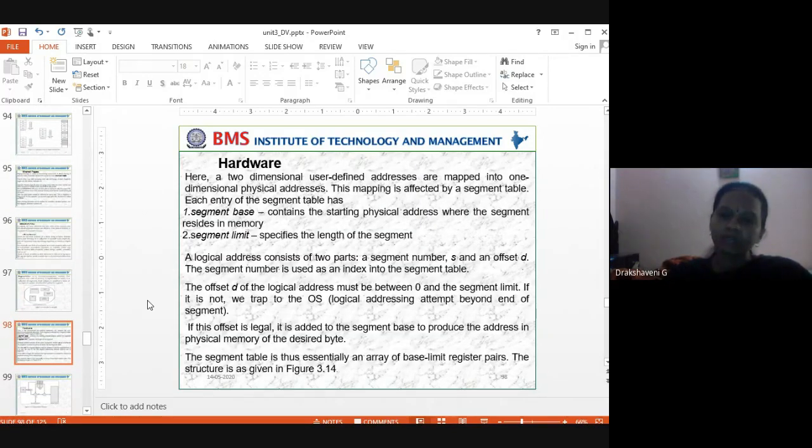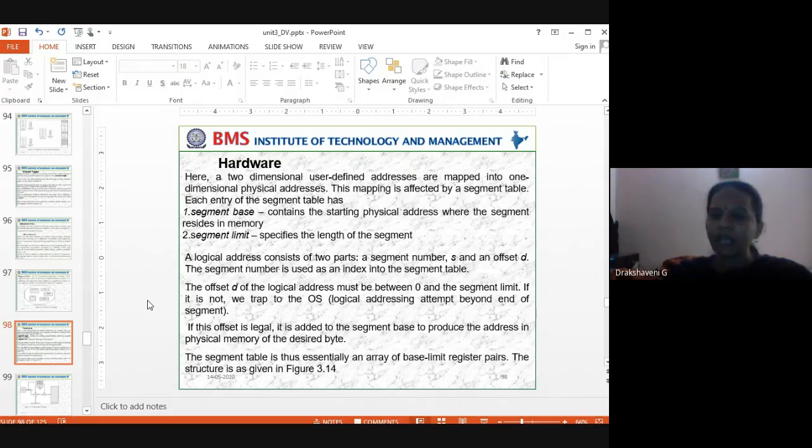How is this with respect to hardware? Here a two-dimensional user-defined address is mapped into a one-dimensional physical address. This mapping is effected by a segment table. Each entry in the segment table has a segment base and a segment limit. What is the segment base? Take an array, say A of 10.